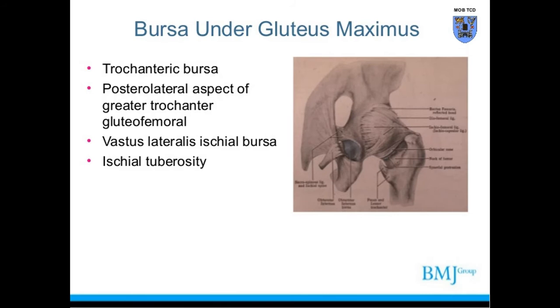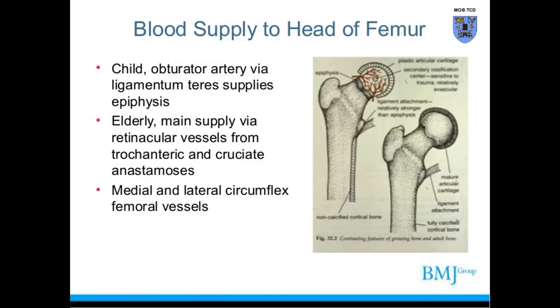If there is infection or inflammation of any one of the bursae around the hip joint, that is called bursitis, and that will restrict the movement of the hip joint. So you will feel pain when one of these bursae is involved in the inflammatory process. That is why it is important to know about these bursae around the hip joint, under cover of certain muscles and ligaments.